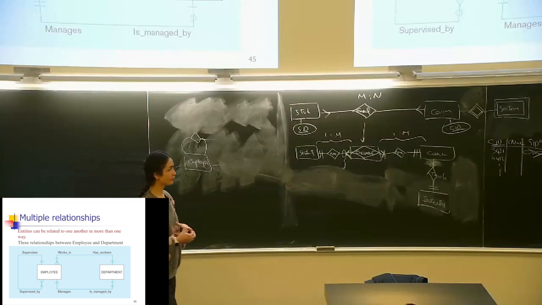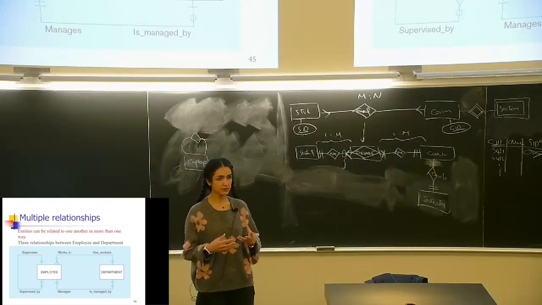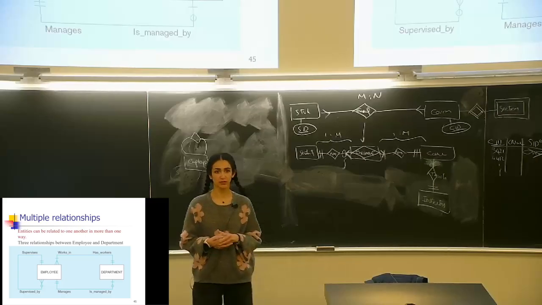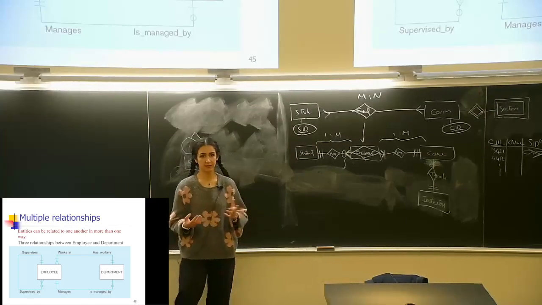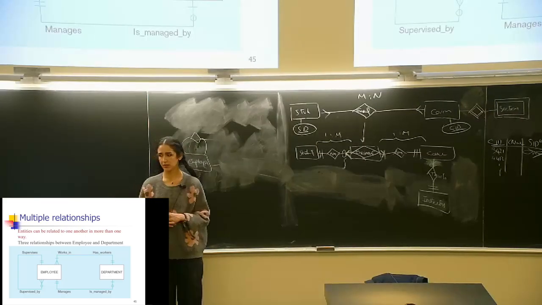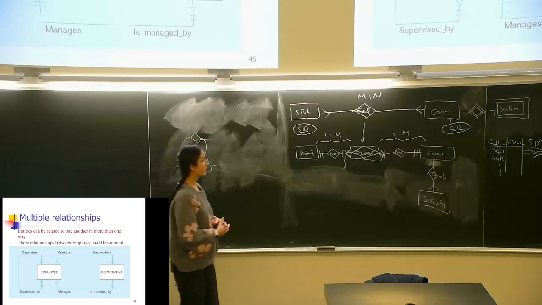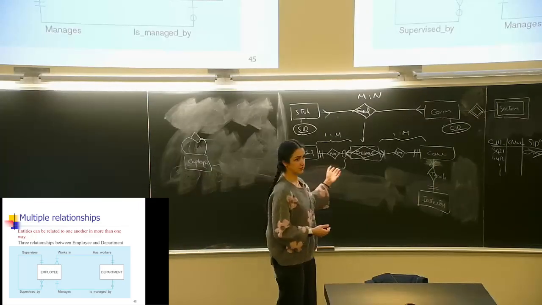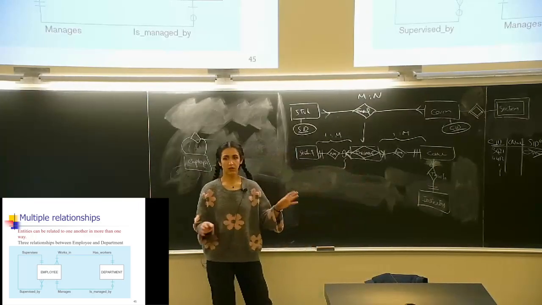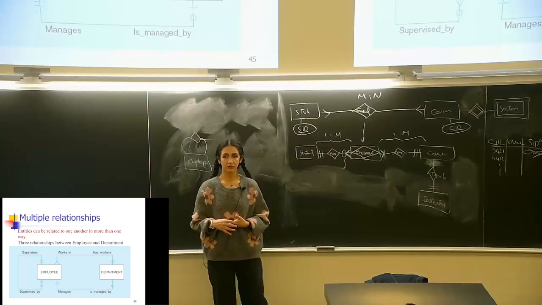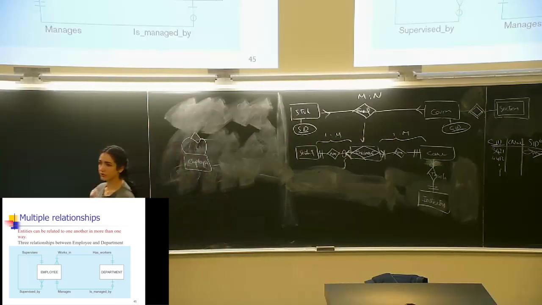Please be careful with these things, because later in your project you cannot claim that, if it doesn't make sense, you tell me, okay, my assumption was that an employee can work in no department. This doesn't make sense. If you tell me, for example, we can have a student with no enrollment, I can understand. But if you tell me we can have an employee that works in no department, that doesn't make sense.